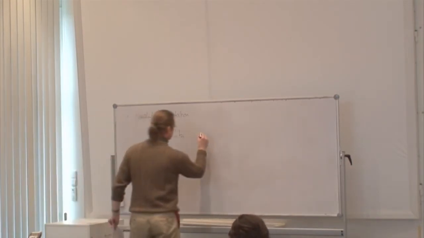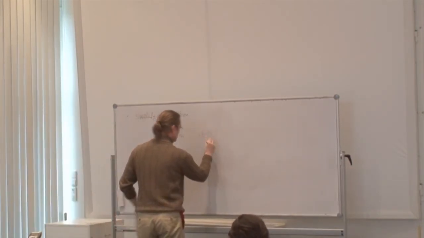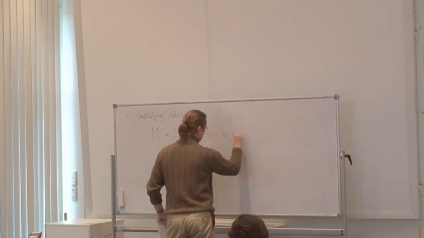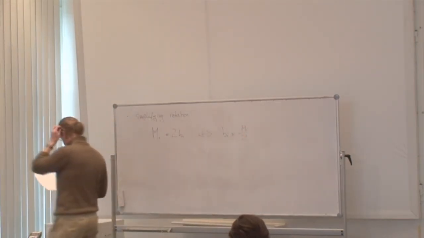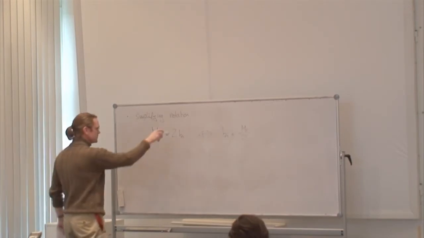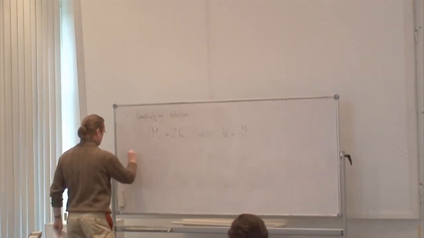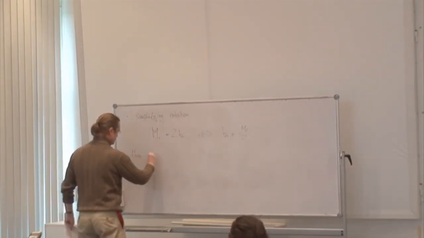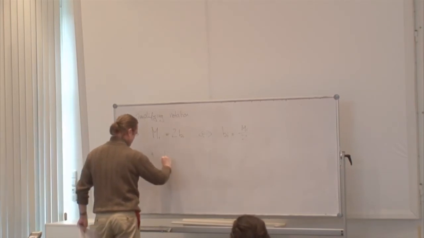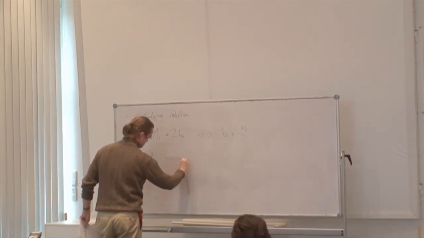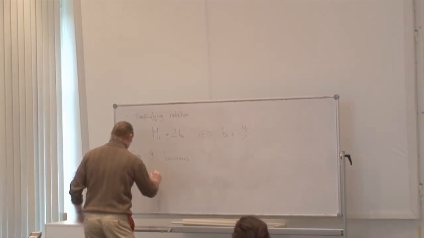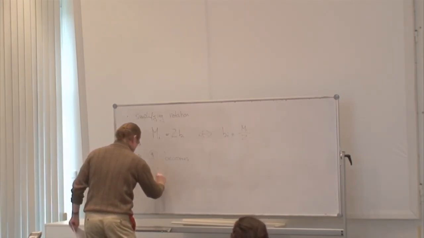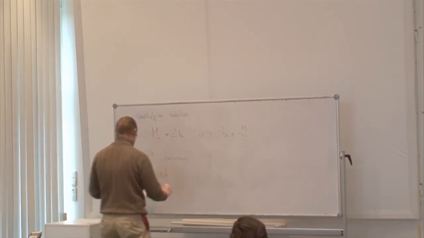But this says that bi is mi over 2. Right. And with this, equation 9 becomes, so remember that we had 6aih.